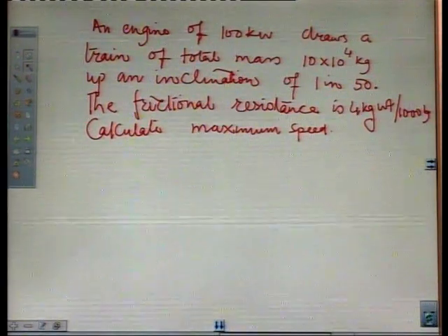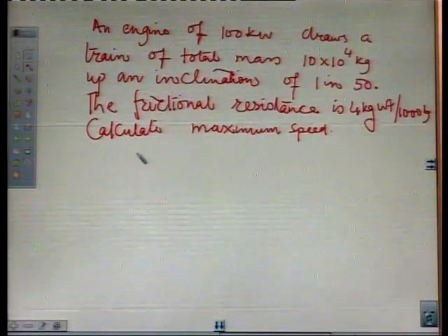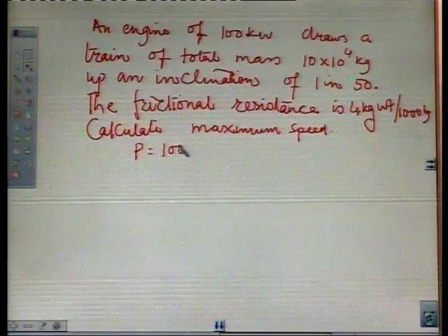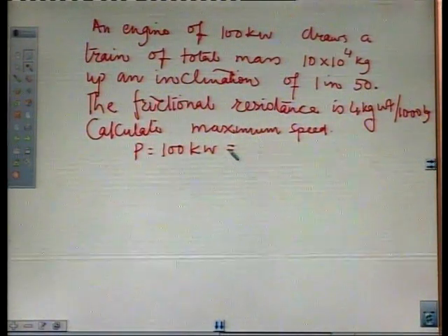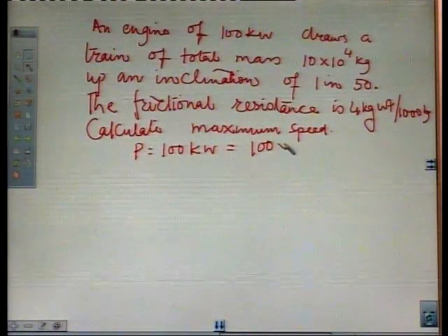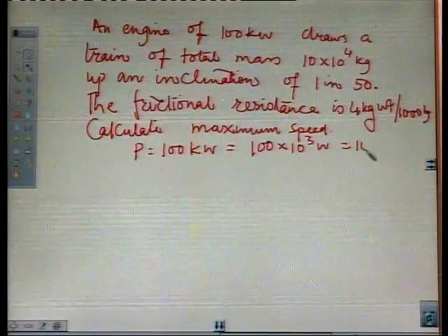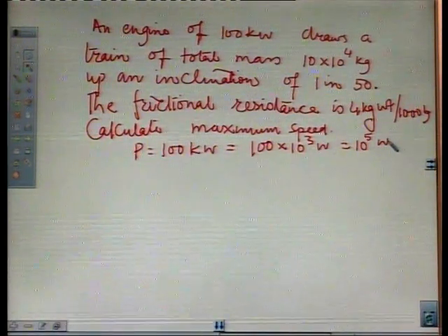So, first of all, let us see what are the things given to us. We are given power of the engine, 100 kilowatt, 100 into 10 to the power 3 watt, that is 10 to the power 5 watt.